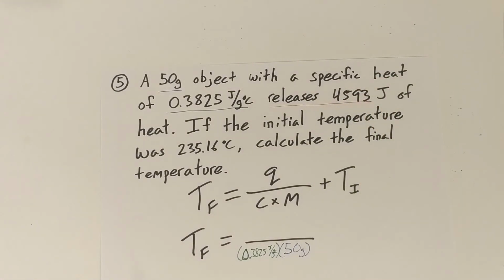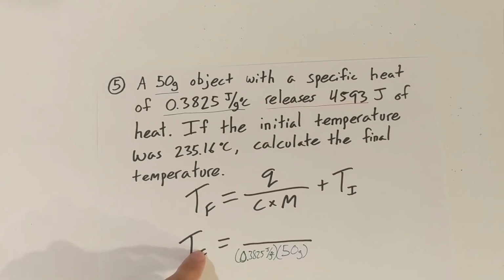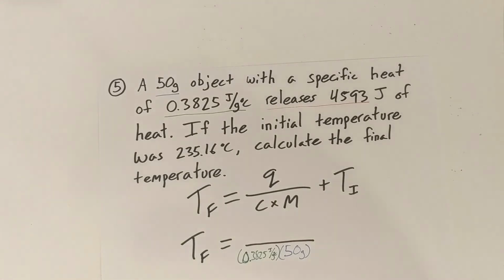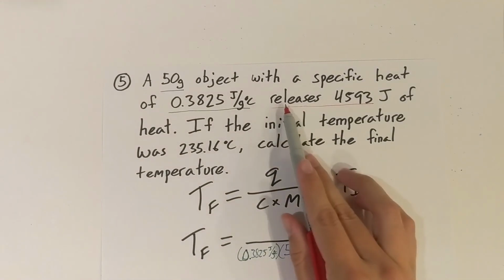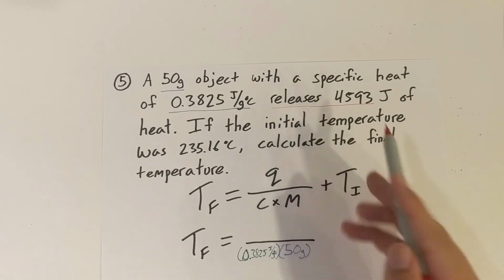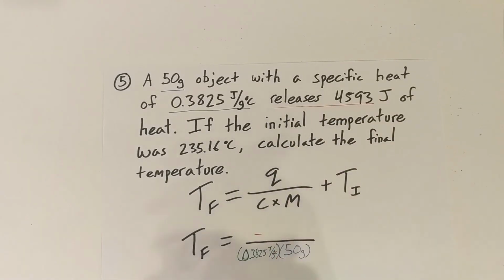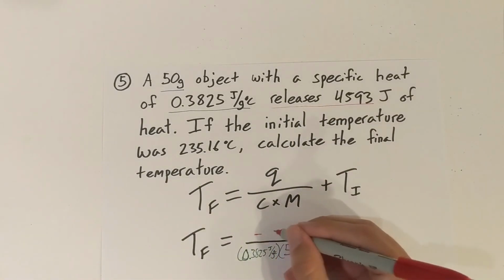Releases 4,593 joules of heat. So think, is that a positive or negative number? That's going to have a really big shift on our final answer. We need to know if it's increasing in temperature or decreasing in temperature. And that release tells us it's negative. That also tells us that it's decreasing in temperature.